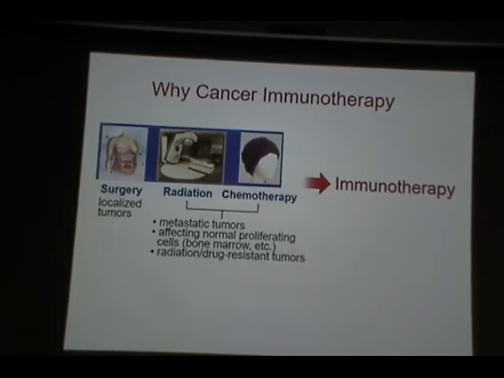So those cancer cells become like stem cells, so they are resistant to whatever therapy you put on them, and they have the potential to come back as a tumor. So immunotherapy now is an option for people, even if they are treated by radiation or chemotherapy.